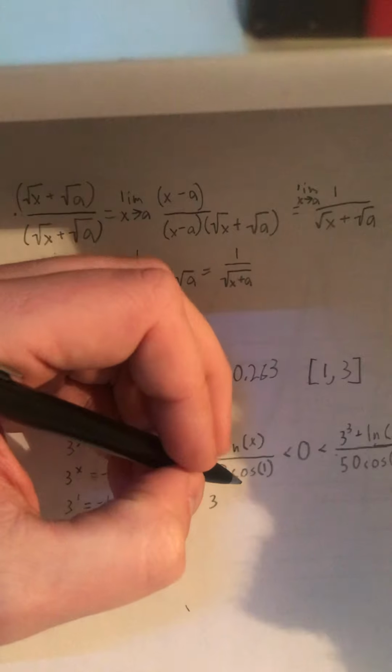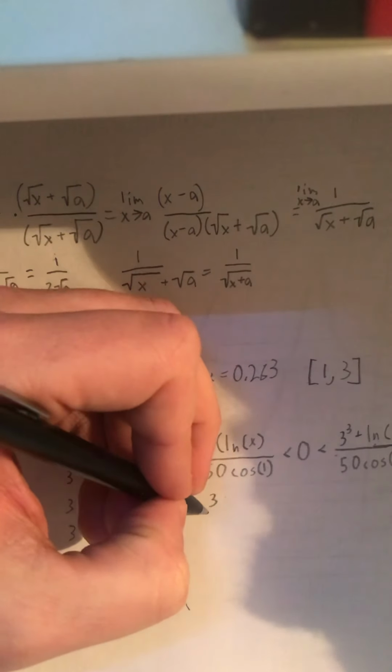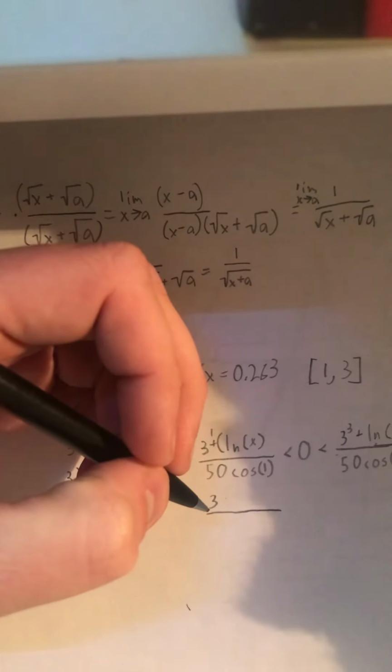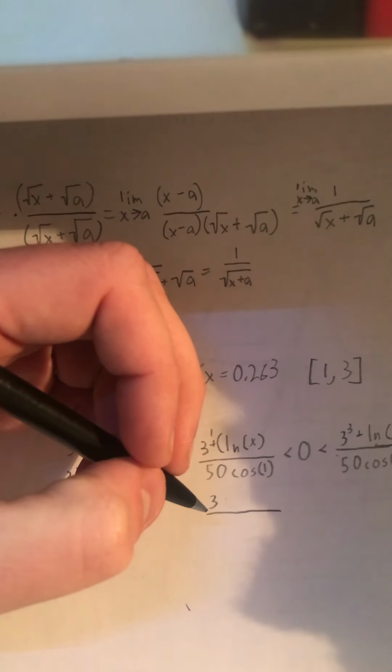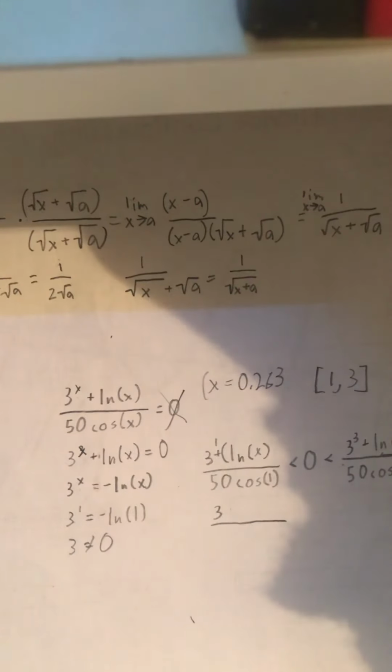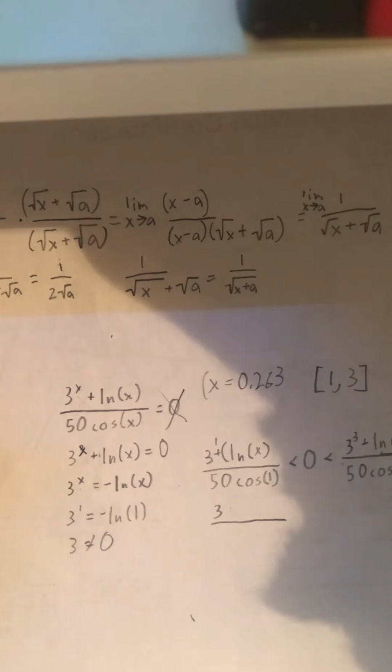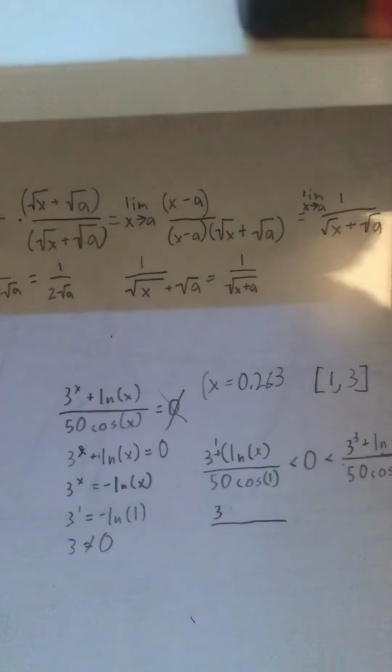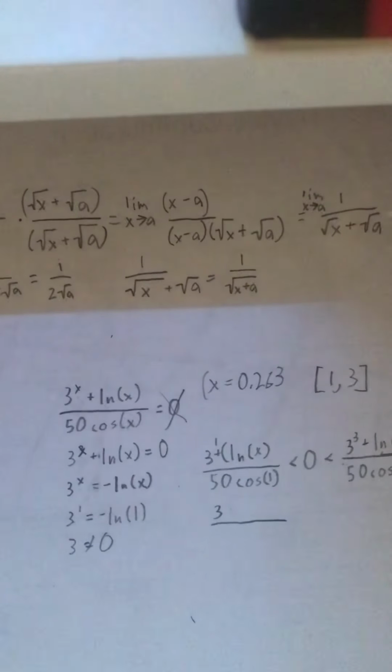Natural log of 1 is 0, so that's just 3 on top. Cosine of 1. Let's just make that times 50 because I hate fractions. 50 cosine 1. There we go.